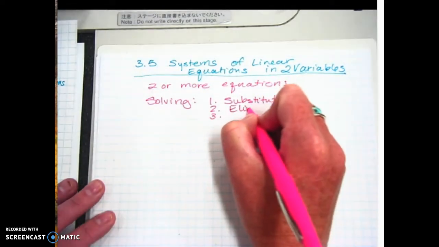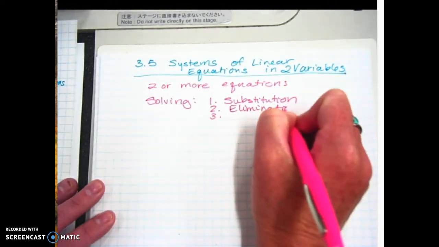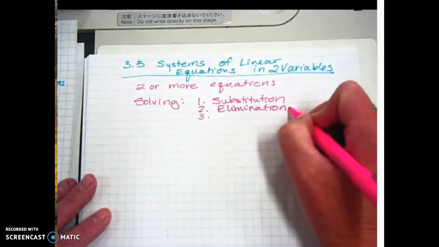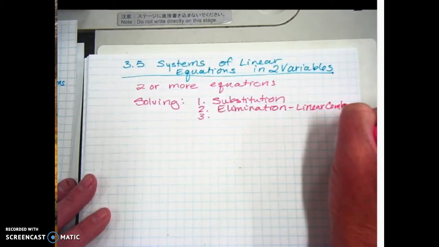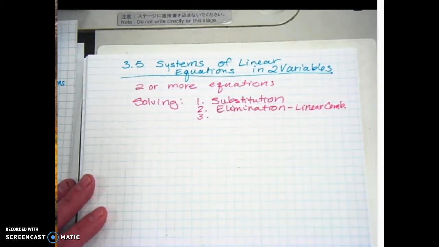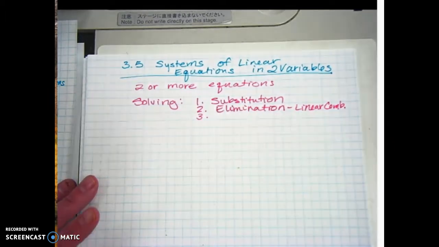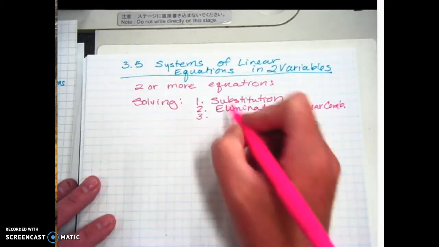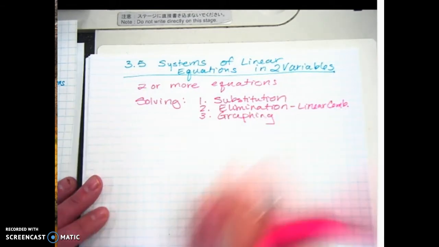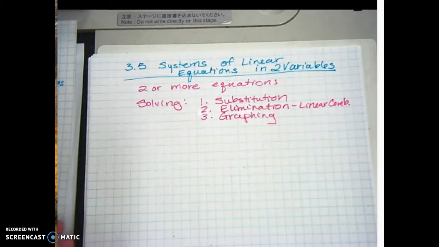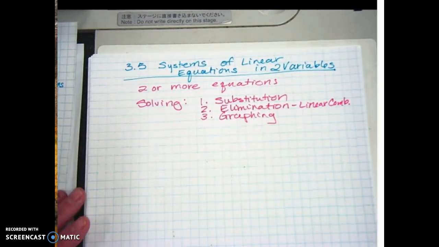Elimination. Elimination sometimes is called linear combinations, just so you know, you might see it in the book or somewhere else listed like that. And there's a third one. Graphing. All right, so those are the three options we have for solving two equations.